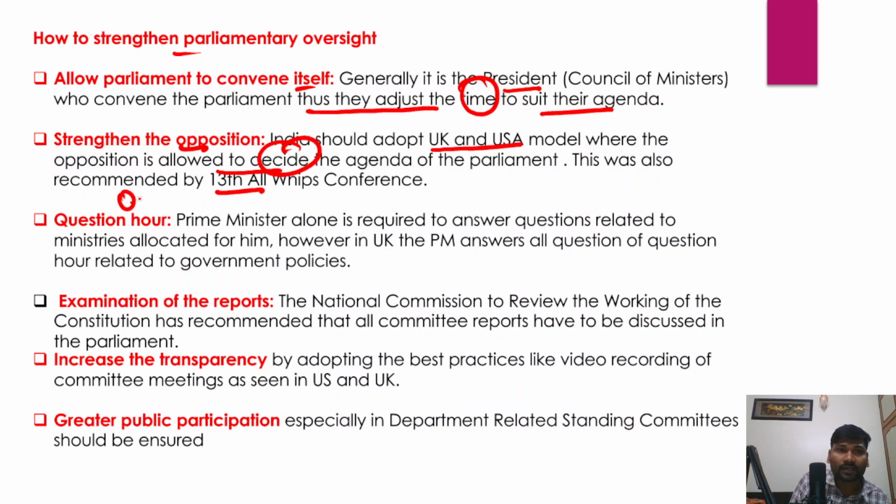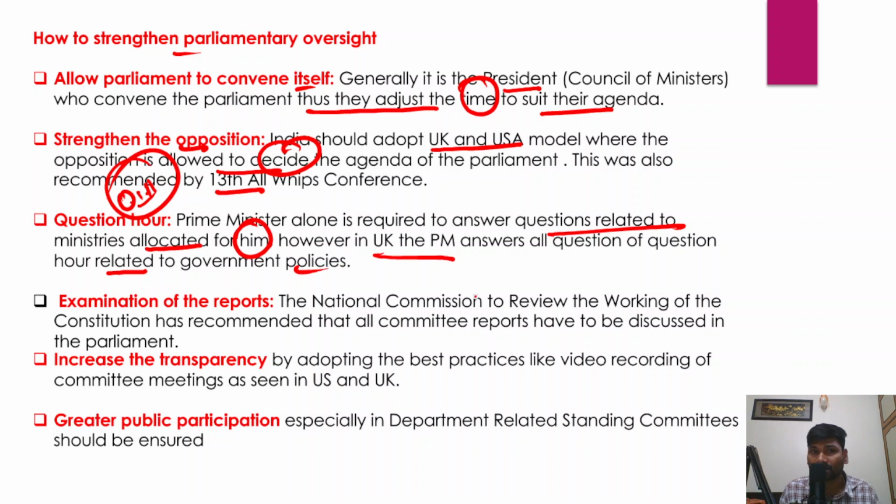And apart from that, in the question hour, the Prime Minister is alone required to answer questions which are related to ministries allocated to him. However, in the UK, the PM answers all questions of the question hour related to the government policies. And examination of the reports. The National Commission to Review the Working of the Constitution has actually recommended that all committee reports have to be discussed in the parliament.